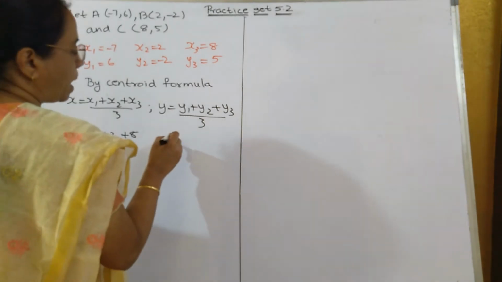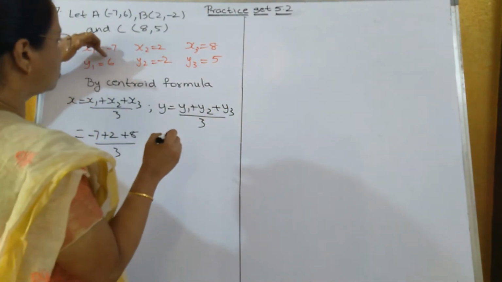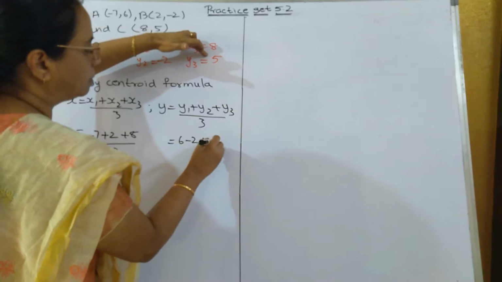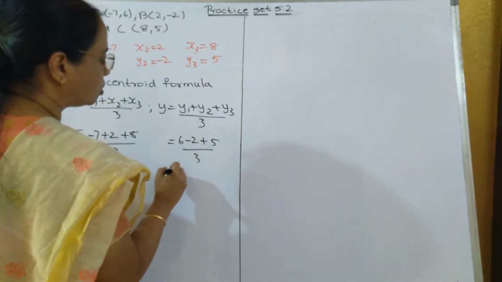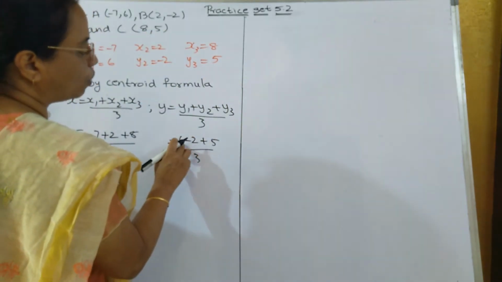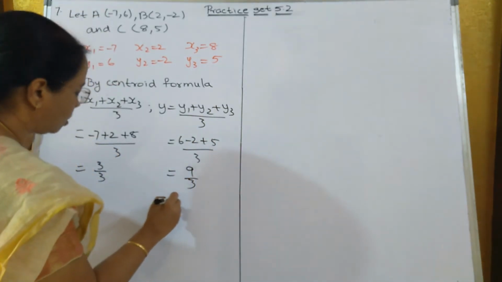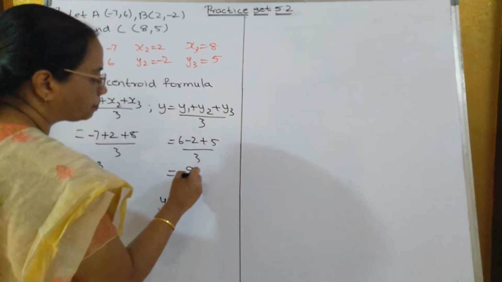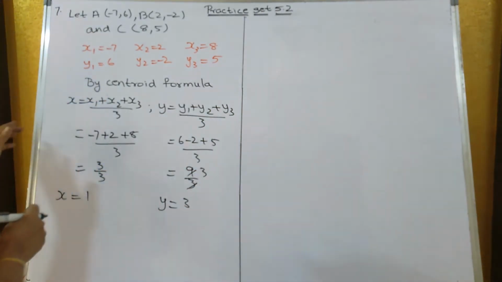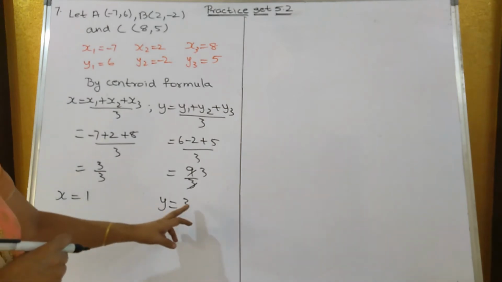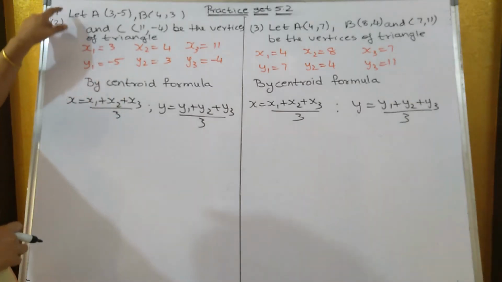Now y is 6 minus 2 plus 5 upon 3. 6 minus 2 is 4, 4 plus 5 is 9, upon 3. So y is equal to 3. So the centroid is 1 and 3.